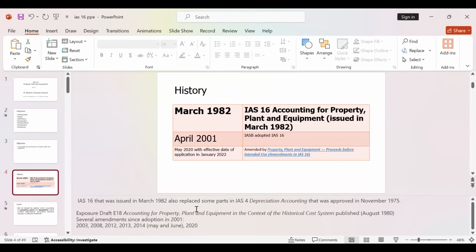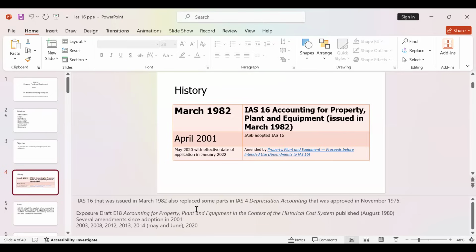When you go to iasplus.com, they will give you all the history, right? The various dates with the amendment and what made the amendment, okay? The essence of the amendment, all of them will be indicated there. So I entreat you to go to iasplus.com. You get a lot of insights from there. So that's about it. The last amendment was in May 2020, and that one was with effective date of application in January 2022.